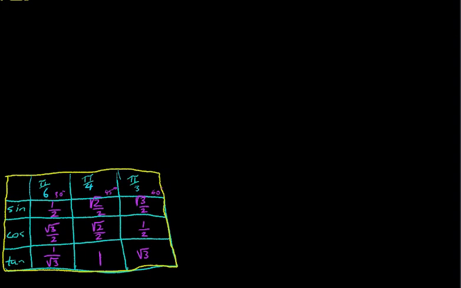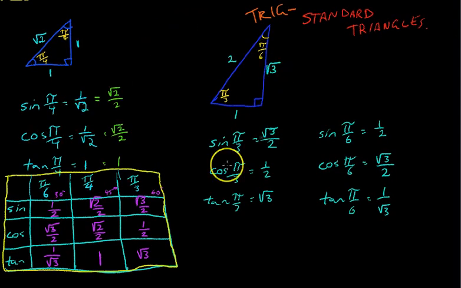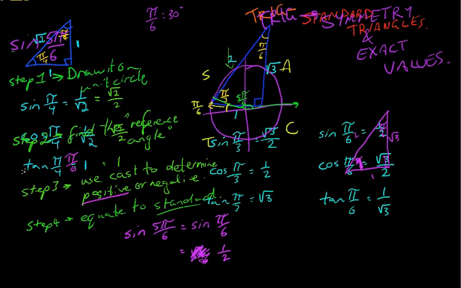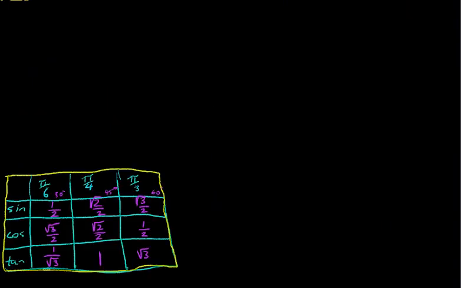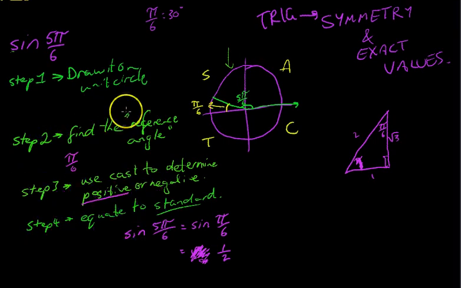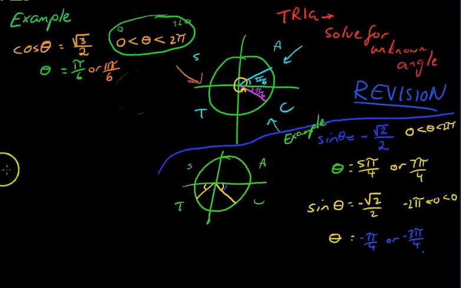Now, hopefully you remember, first of all we came from looking at the standard triangles, and then we took a look at the unit circle and exact values, and then we looked at solving things like cos theta equals root 3 on 2.